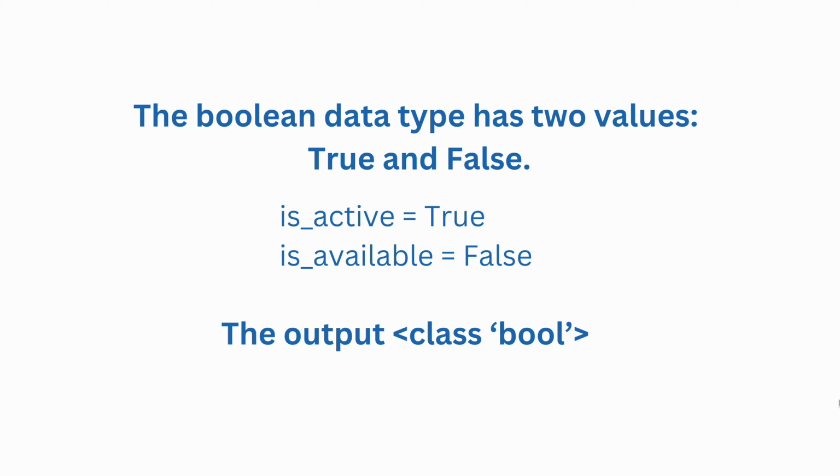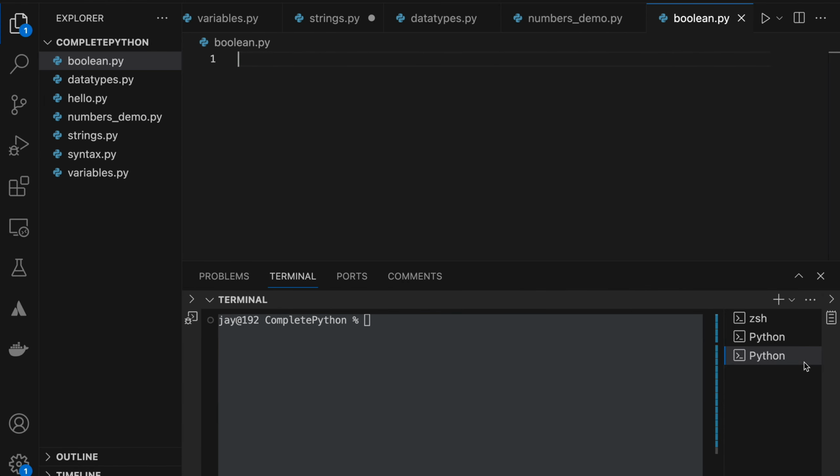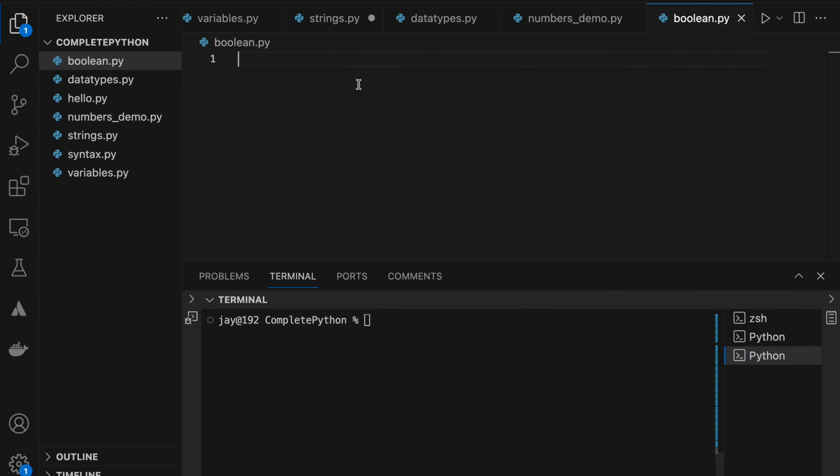Sometimes we require this in general applications where we have to put values like true or false. So basically these true and false are the two values of the Boolean data type, and the class used by Python for the Boolean data type is bool. Let us see some examples in VS Code, so it will give some better insights.